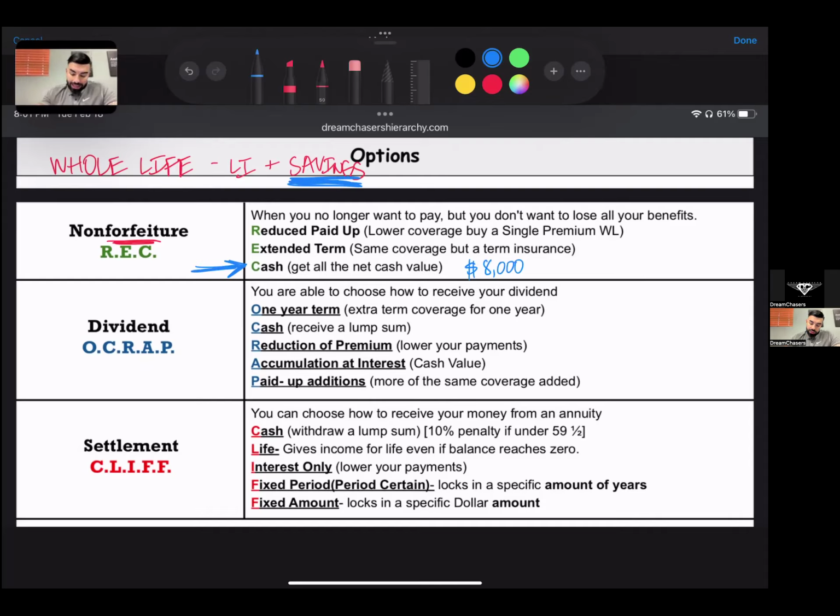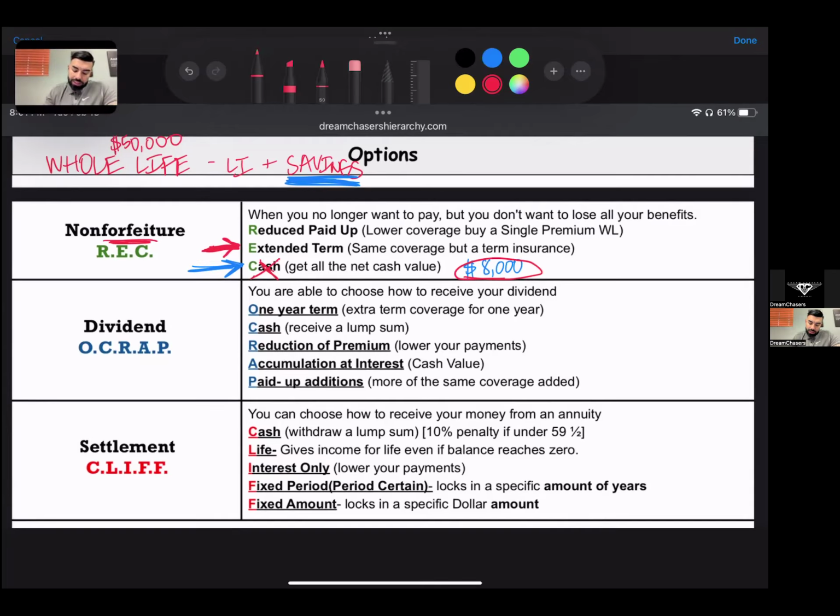The second option is, let's say on this whole life policy, your original coverage was $50,000 of life insurance. The extended term option is where you would basically not receive the cash. So you're not going to get a check for the $8,000. What you're going to do is take that $8,000 and purchase an extended term policy, which is going to give you the same amount of coverage.